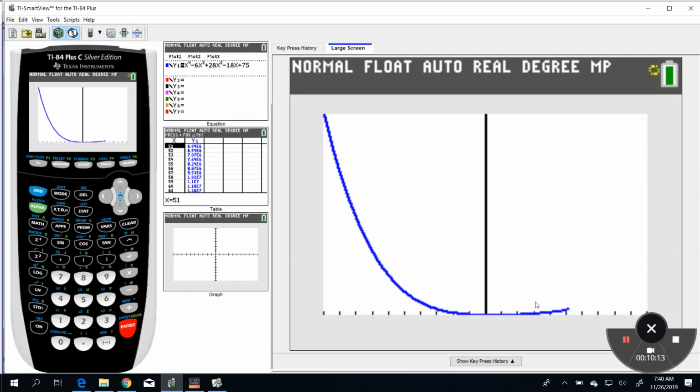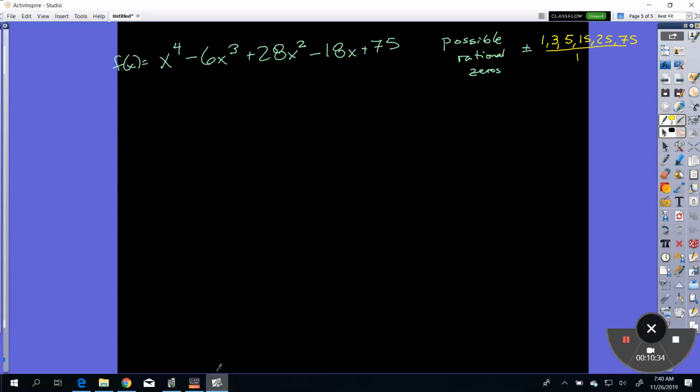So this looks like it never crosses the x-axis, right? So there's no real zeros. So they would all be complex. And without more information, that's all that you could do. But they give you more information.